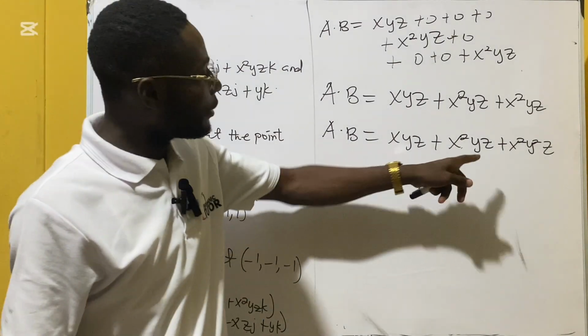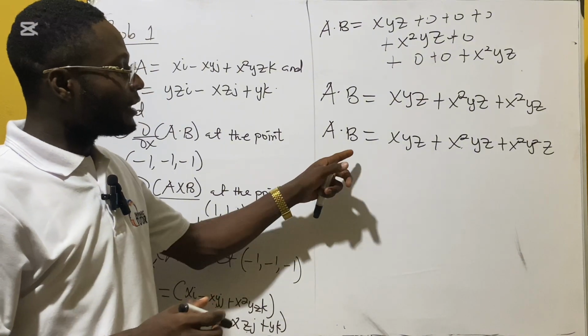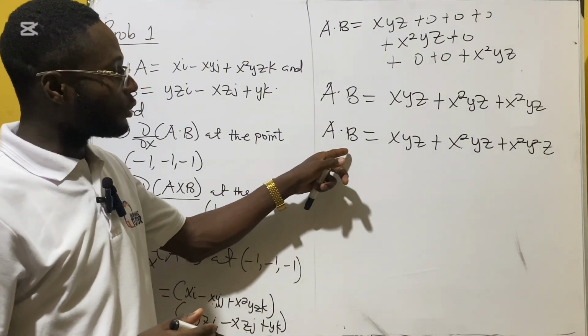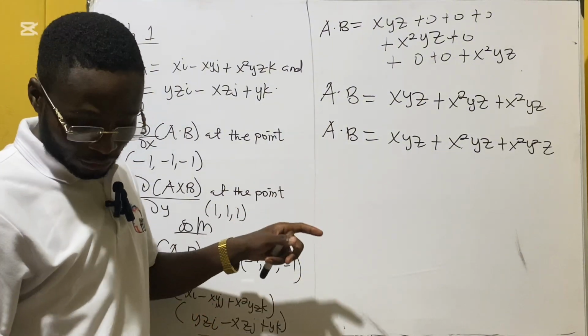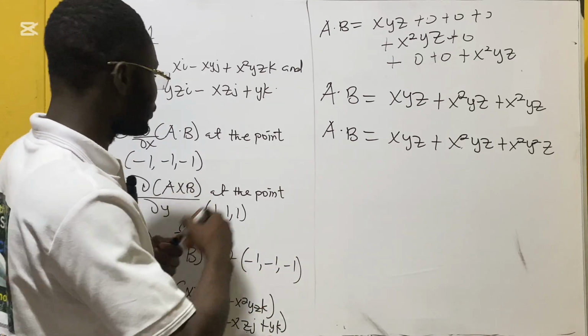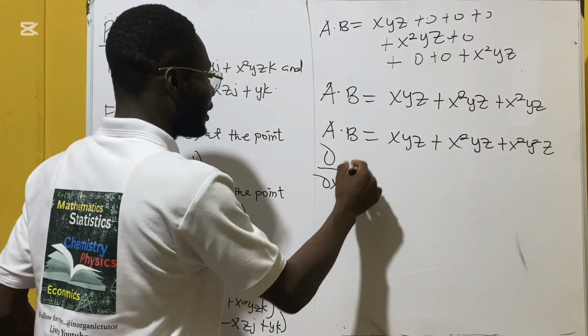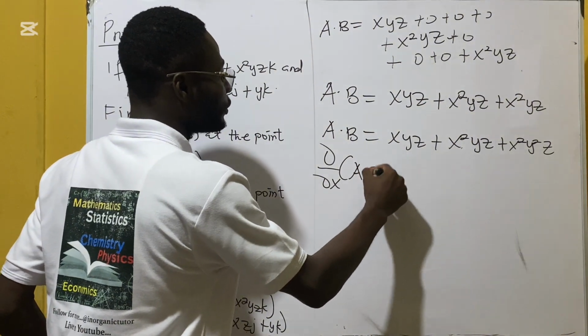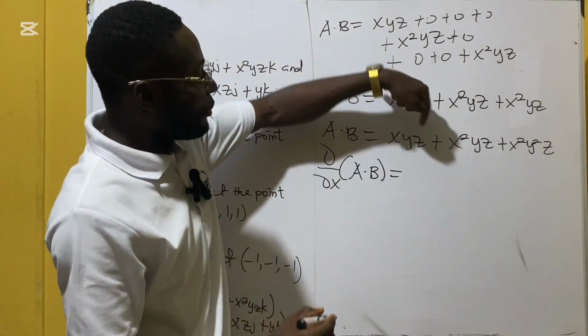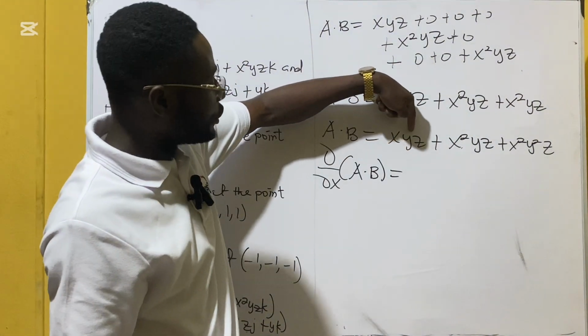So now we can find the differentiation of this. So let's do that. We are going to have the partial derivative with respect to x of a dot b, and we differentiate this with respect to x.